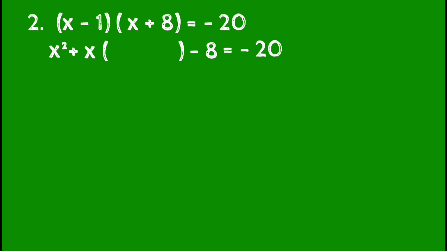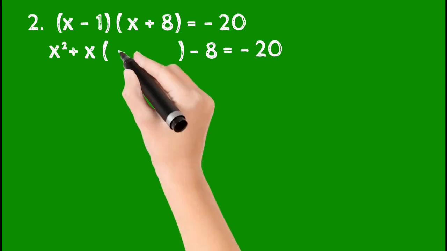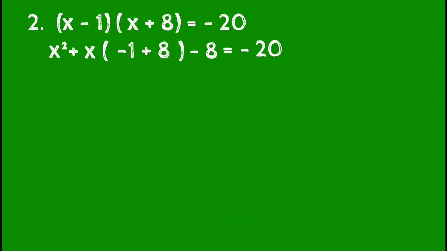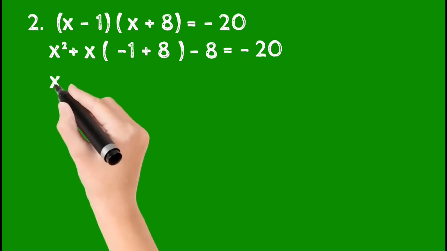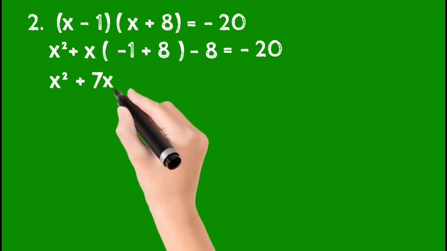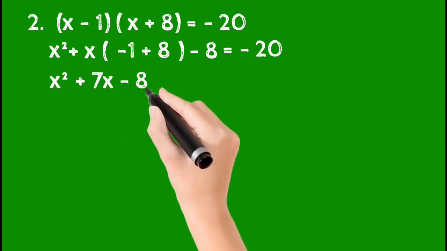Take the negative 1 and the positive 8, place them inside the bracket. Now let's add these two terms. Minus 1 plus 8 is a positive 7. So the quadratic trinomial on the left hand side is going to be x squared plus 7x minus 8, all of that being equal to negative 20.